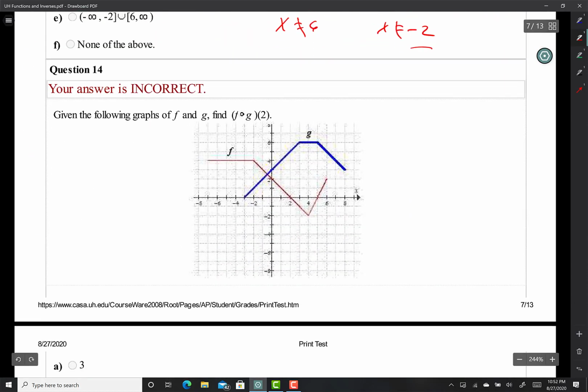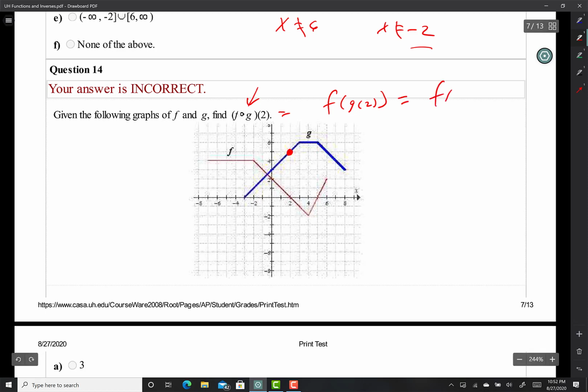All right. So this here, remember what we said, guys, in today's notes. That means f composite of g of 2. So all that means is f of g of 2. That's all it means. So when x is 2 for the g graph, you're looking at the blue graph, so here's 2, and what is that y value? That y value looks like it's 5.